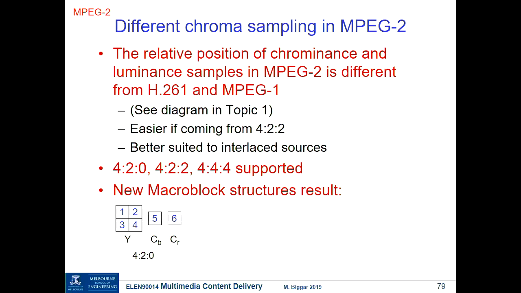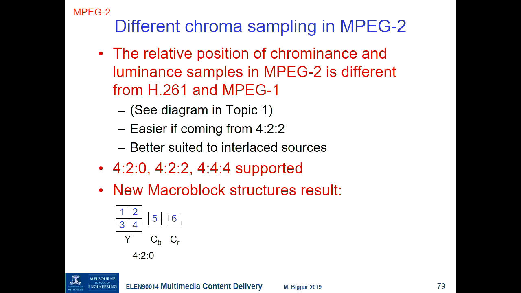But I did mention that MPEG-2 was intended to support higher chrominance resolutions for the purposes of delivering high quality video source material into editing suites and so on. But if we do that, that also means that we have new macroblock structures, right? Because you remember how the macroblock was defined in terms of 8x8 blocks in what we've discussed before.